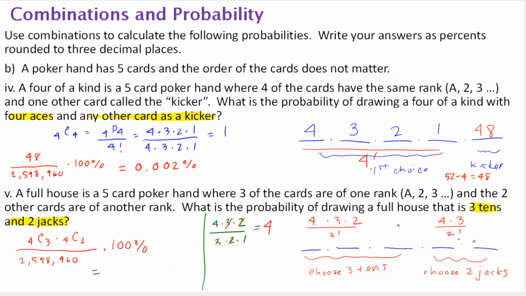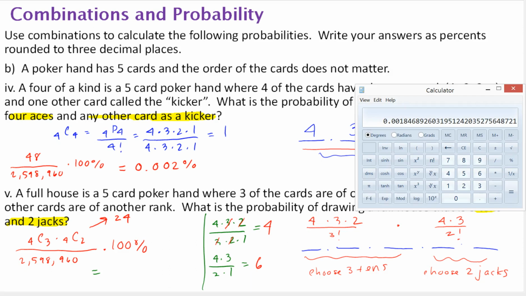Now let's look at the jacks. So 4 times 3 over 2 times 1 is 12 divided by 2, which is 6. Okay, so the product of these two on top is 6 times 4, which is 24. Okay, so now let's go to the calculator.